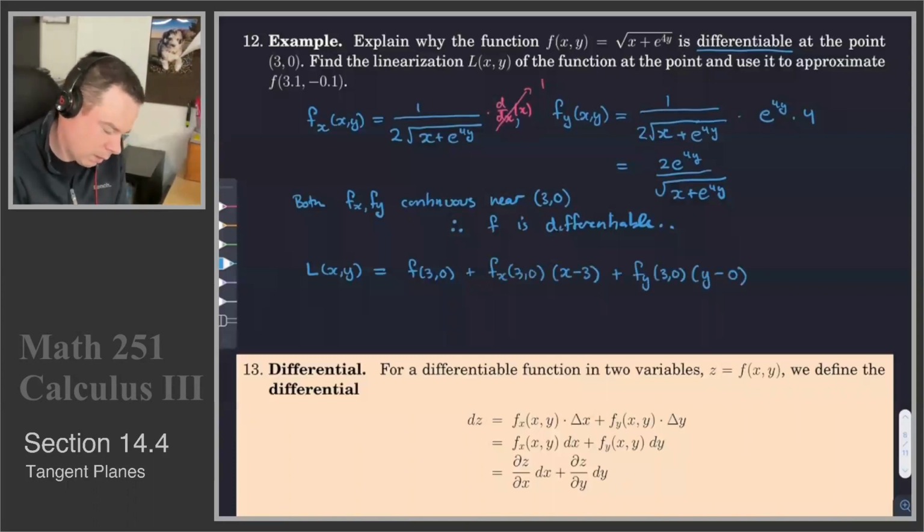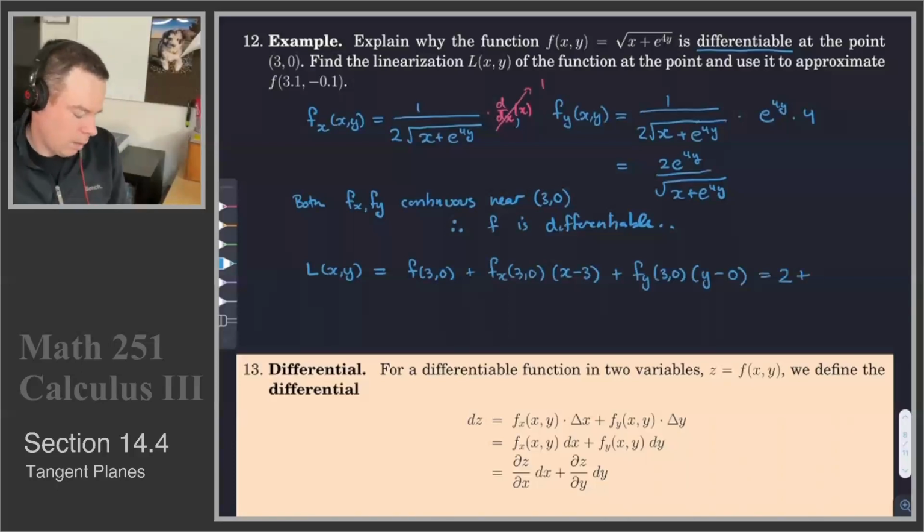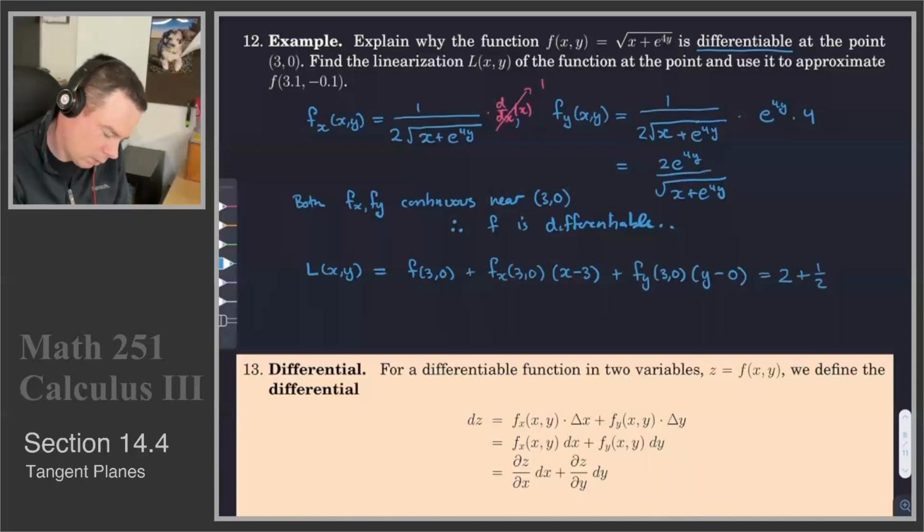We can go ahead and work out the individual values. f of 3, 0: we'll plug 3, 0 into our function f. That becomes the square root of 3 plus 1, or the square root of 4, which is 2. We're going to plug 3, 0 into our derivative. That's 1 over 2 root 4, so that's 1/2 times x minus 3.